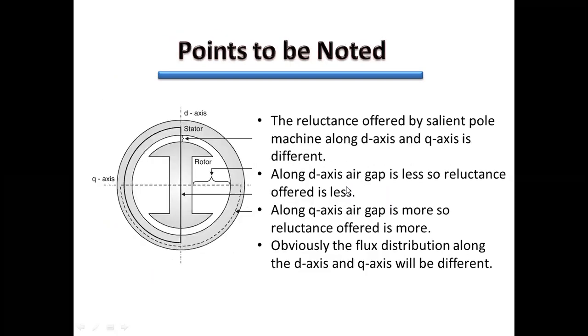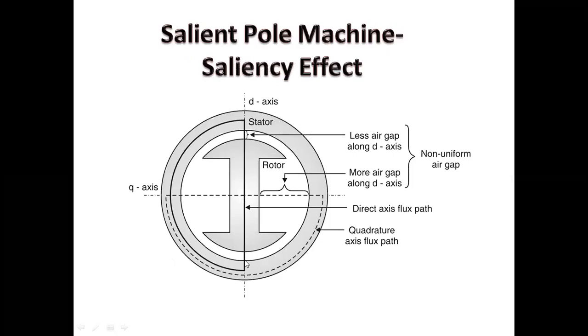You have to keep in mind this diagram: direct axis, which is the stator pole axis, quadrature axis, which is 90° to it. So for phasor diagram, we'll be plotting these two fluxes, and the various parameters will be plotted with reference to the D axis and Q axis flux.